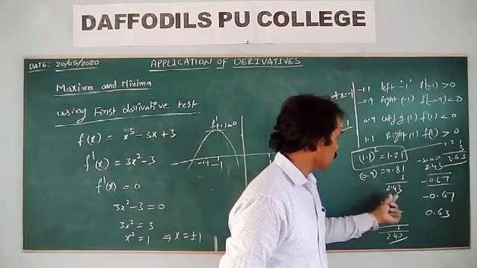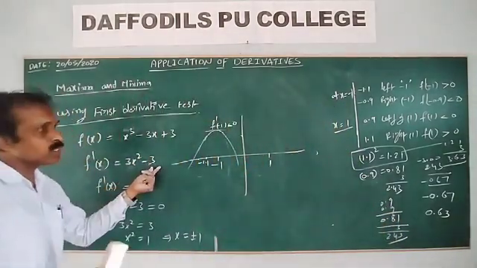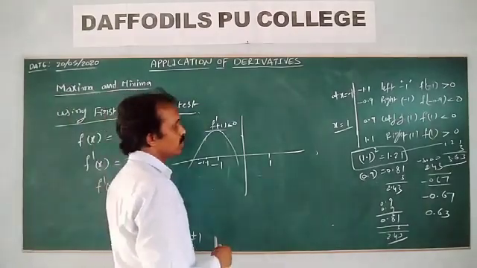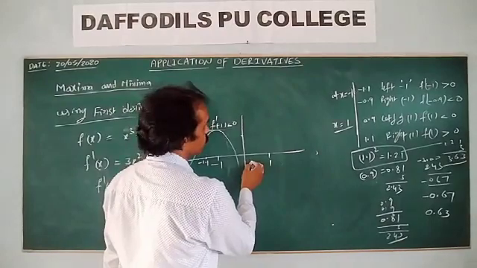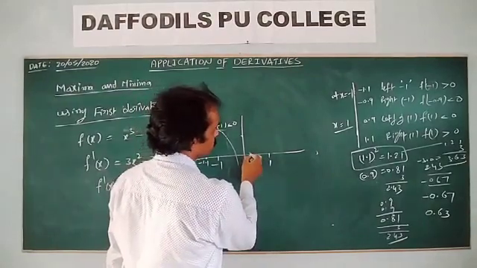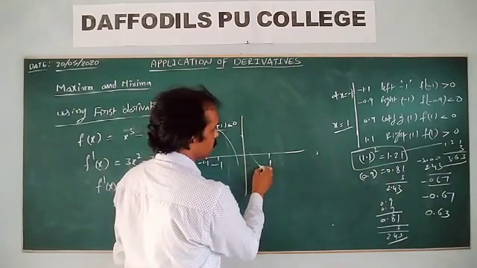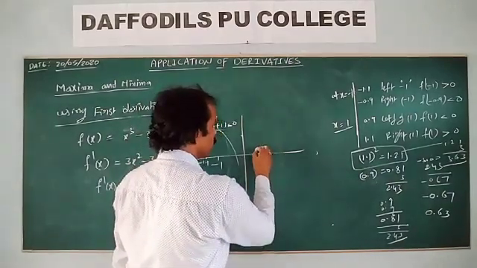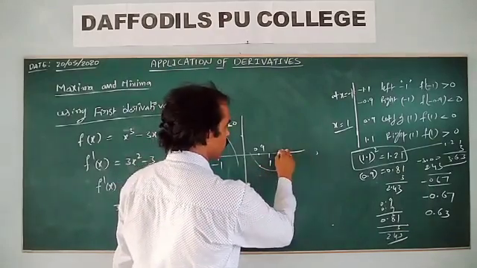At 0.9, 2.43, 2.43 minus 3, some negative value. Some negative value means that value is like this one, here maybe. Okay, some negative value. This is 0.9 negative value.